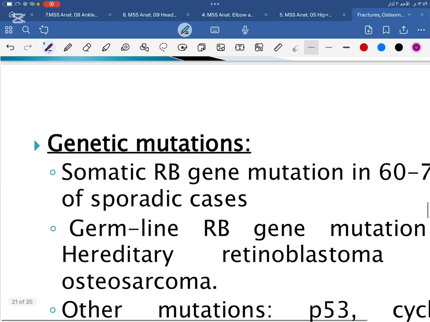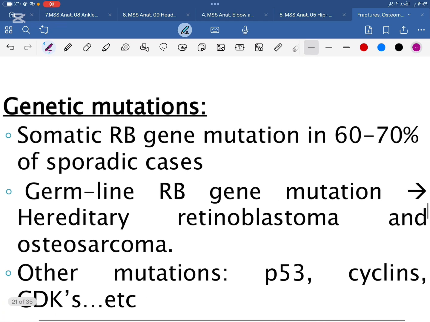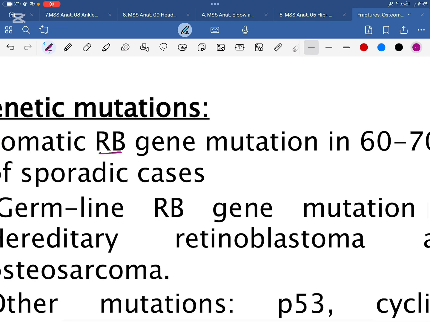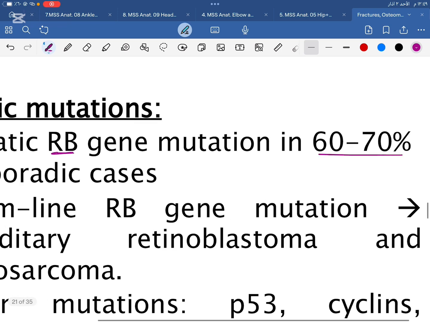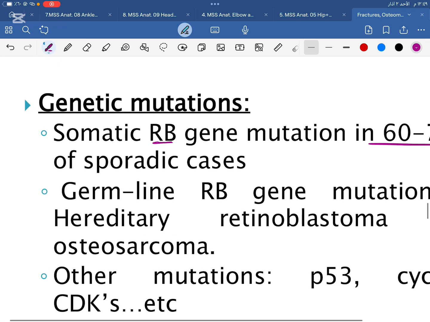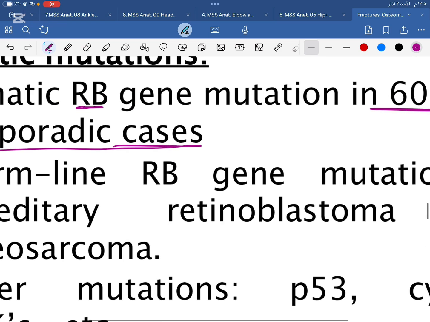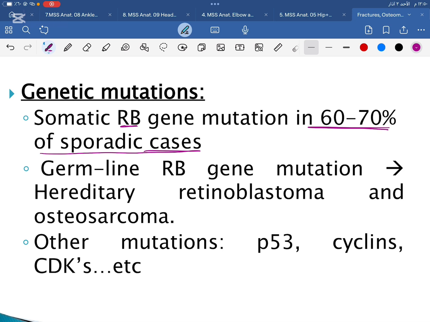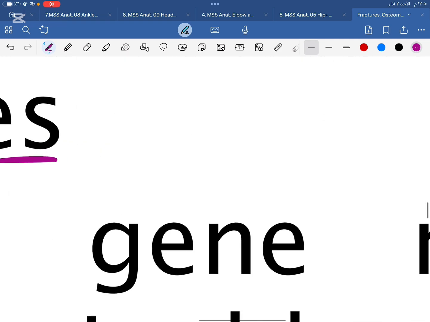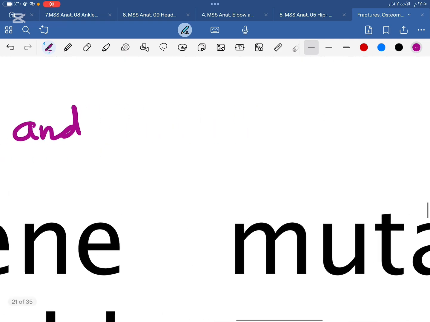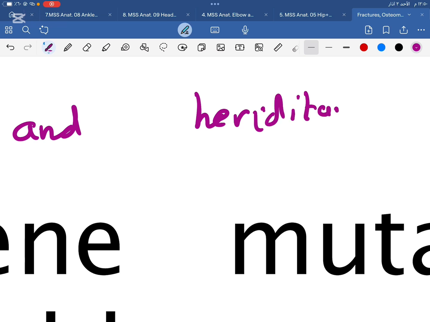The genetic background of osteosarcoma: in about 70% of cases there is a retinoblastoma gene mutation, in sporadic or inherited cases. Germline retinoblastoma we took in pathology. Patients with hereditary retinoblastoma are at increased risk of developing osteosarcoma because of the RB gene mutation. Other mutations include p53, cyclin-dependent kinase, and cyclins.